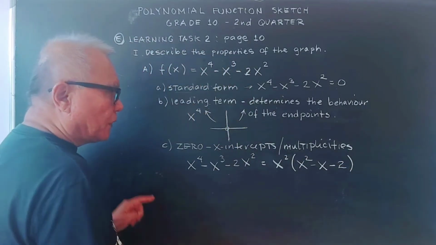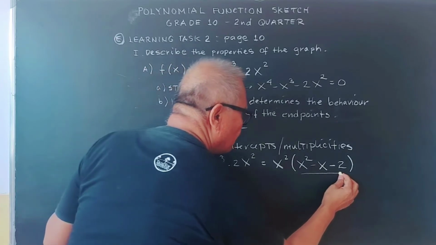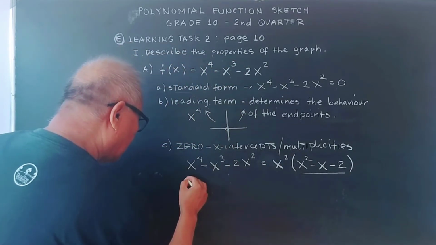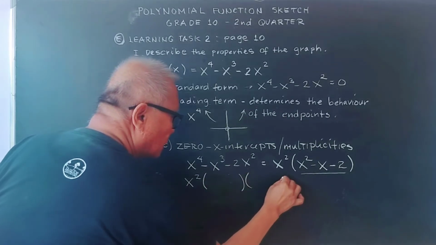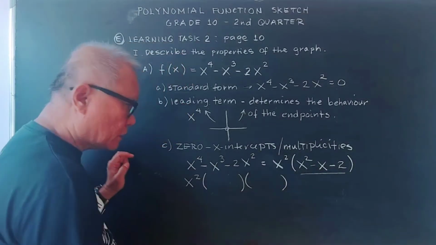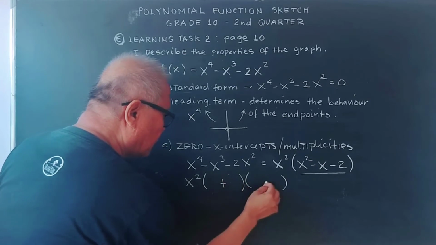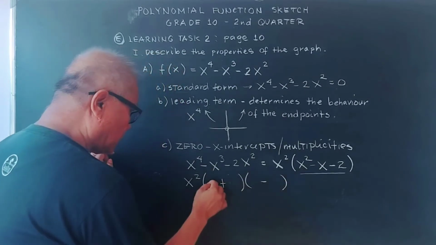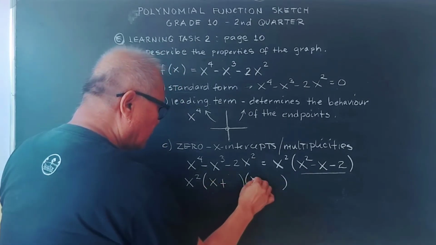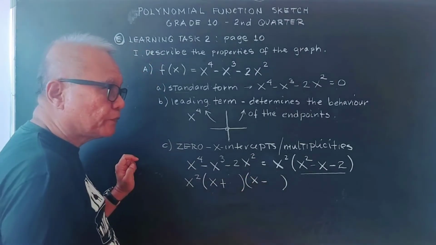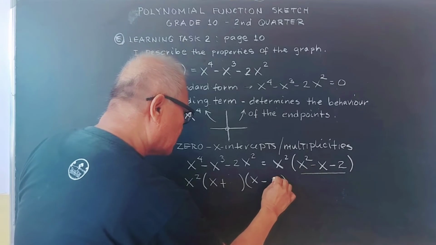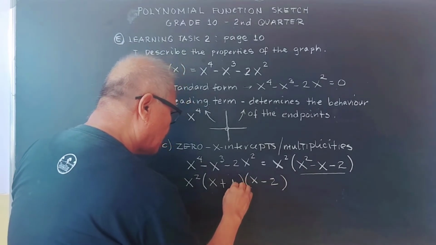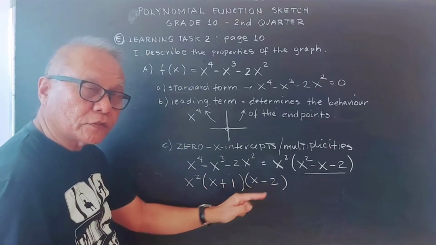Okay. Then again, this one is factorable. So we have x squared, minus, so one is positive, one is negative, square root of x squared, we have x here and x here. We have factors of 2, which is negative 2 times 1. So we have these factors.